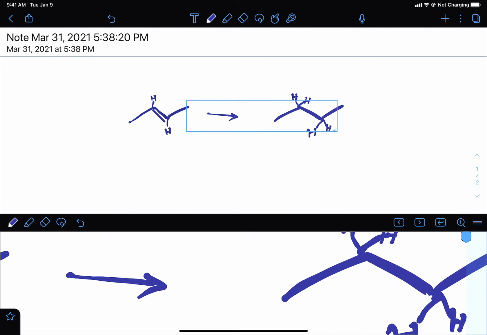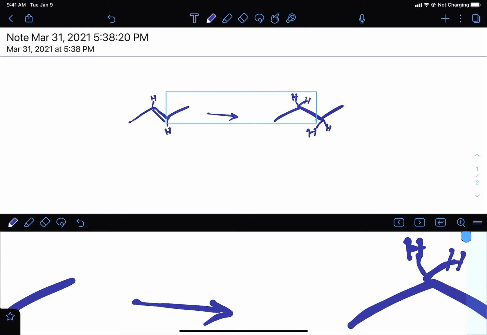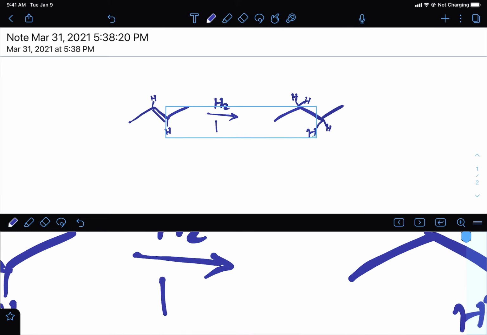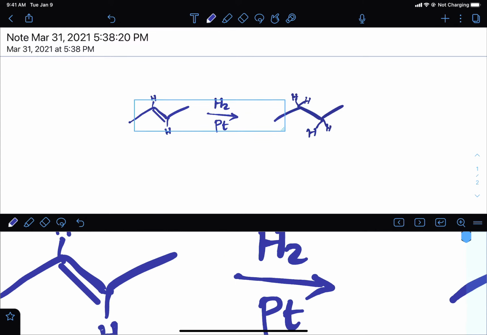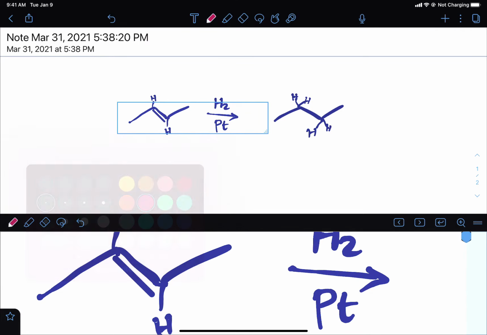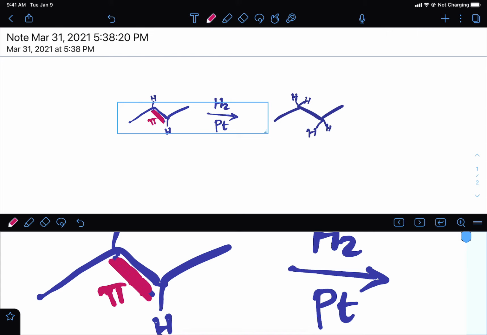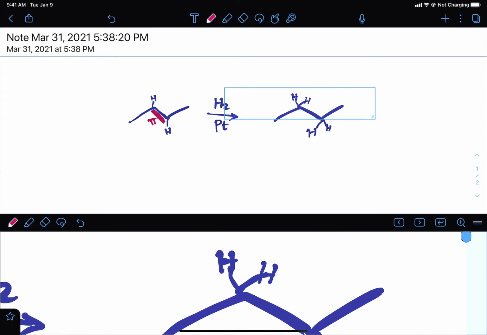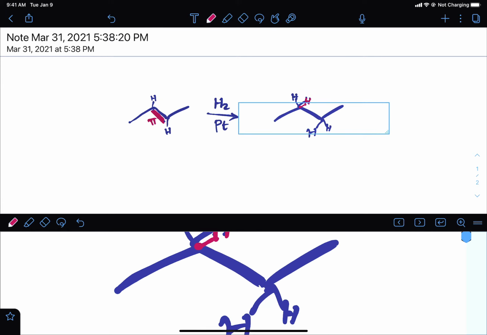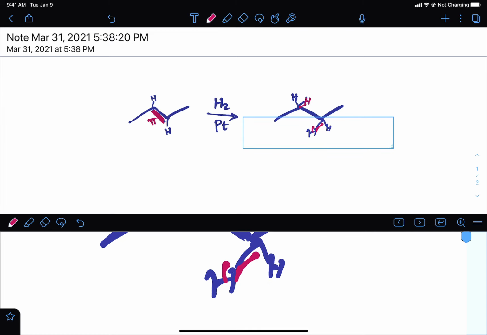That's heat of hydrogenation. Usually you do this with a reagent like H2 and a catalyst like platinum, for example. But since we've got a pi bond here, right? The second bond in the double bond is a pi bond, and we're getting rid of it. We're converting it into sigma bonds, right? We're taking a weaker bond and we're making it into something more stable.